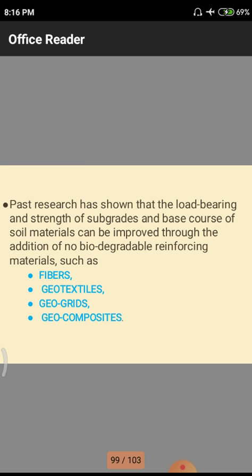Normally these fibers and geotextiles give a protective coat to these subgrades and embankments, meaning non-entrainment of water. Those will not allow water into the structure. The base course of the soil materials, that means the top layer, is also responsible for improving strength. So these four materials are majorly responsible for improving the strength for a long period of time.